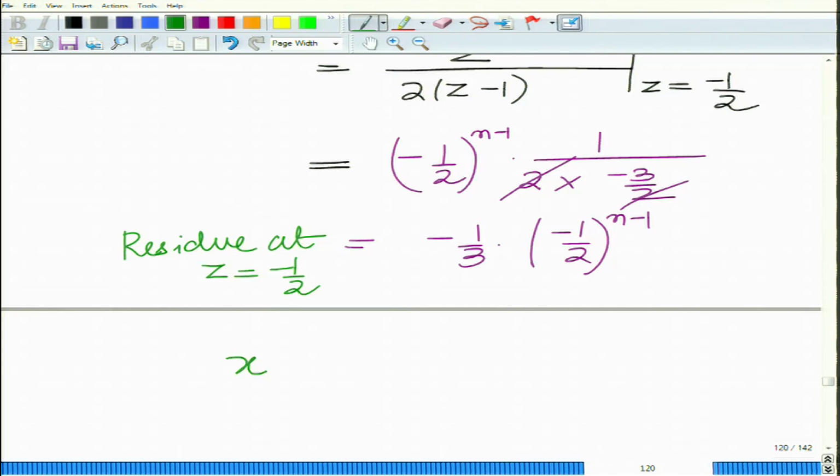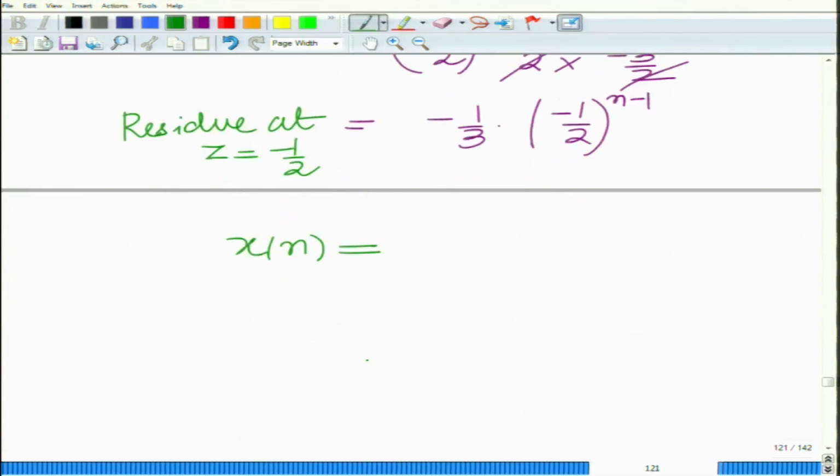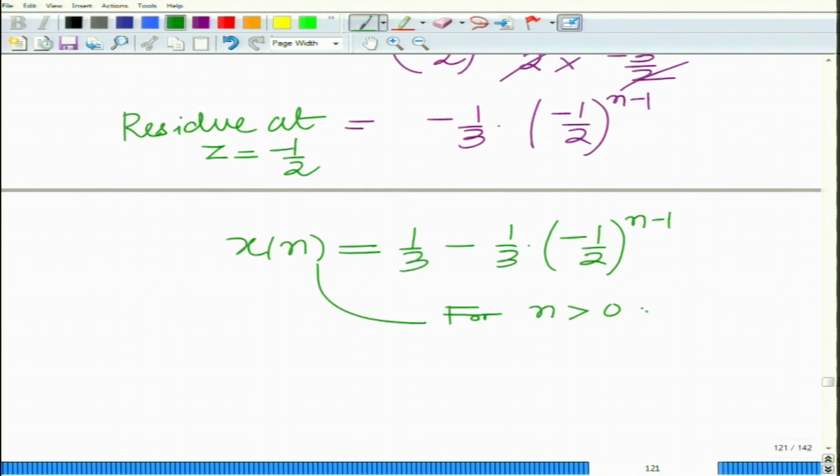Therefore, x[n] is simply the sum of these two residues, that is residue at z equal to 1 plus residue at z equal to minus half, that is 1 over 3 minus 1 over 3 into (minus half) raised to n minus 1. Remember, this is for n greater than 0.